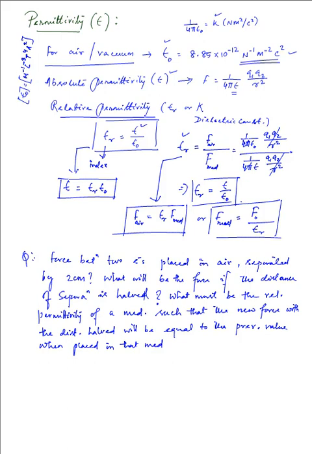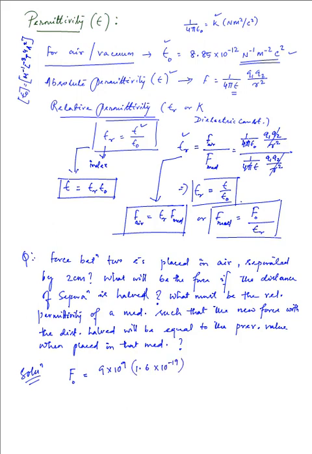Well, with all the ingredients of what we have studied so far, we'll see what we can do. So as far as the solution is concerned, let's try. If we have two electrons having a charge 1.6 times 10 raised to the power minus 19, as you know, then from Coulomb's law the force in air, let me write that as F naught, is 9 times 10 raised to the power 9 times Q1 Q2, that of the two electrons, which is 1.6 times 10 raised to the power minus 19.